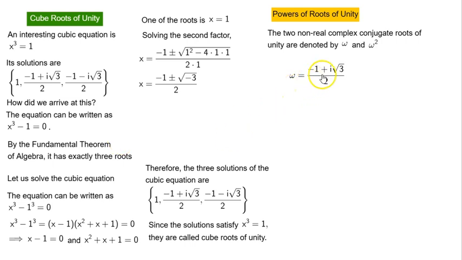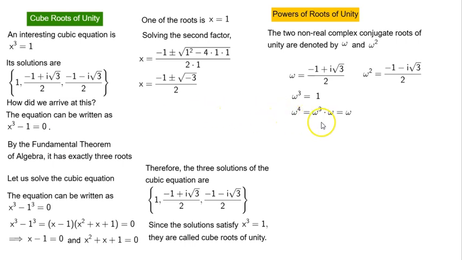So omega is equal to minus 1 plus i root 3 by 2 and omega square is equal to minus 1 minus i root 3 by 2. Now let's look at other powers. Omega cube, which we have already derived, is 1.